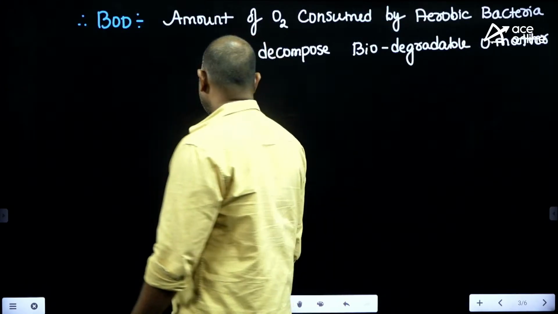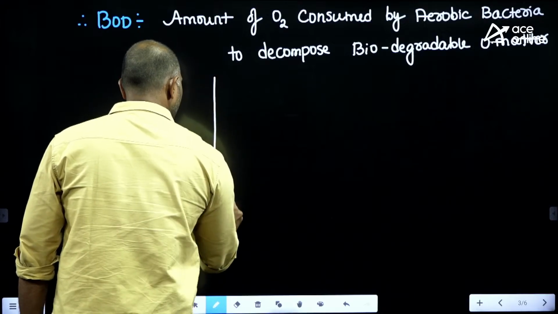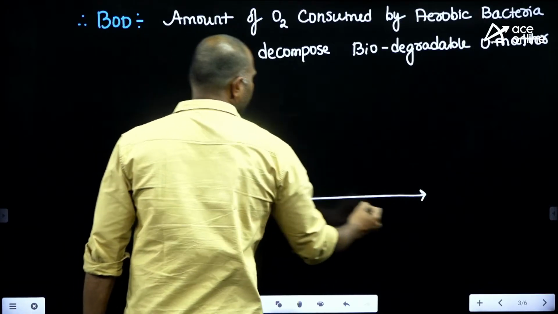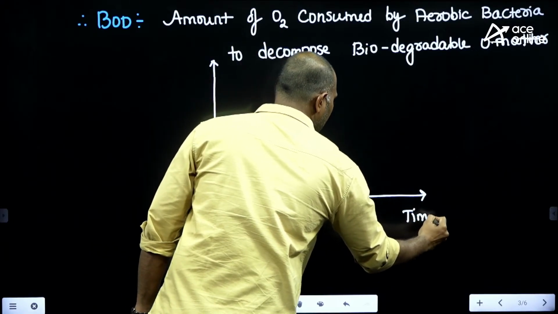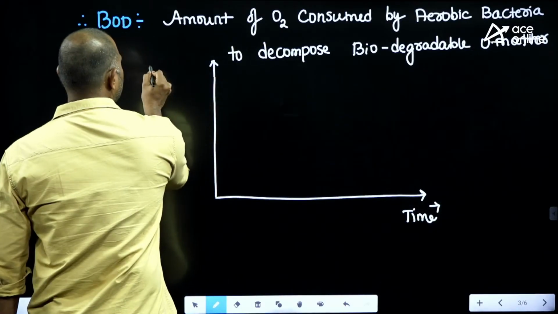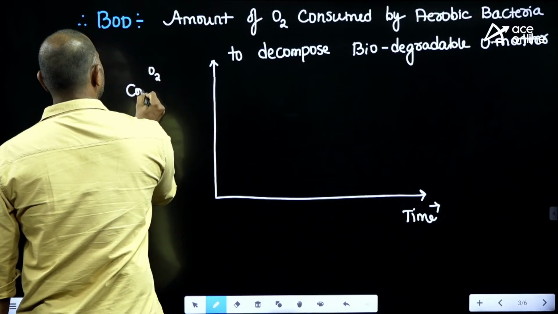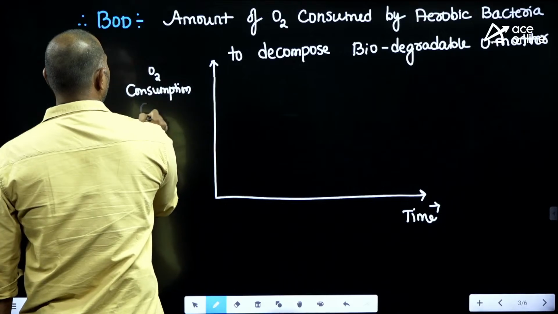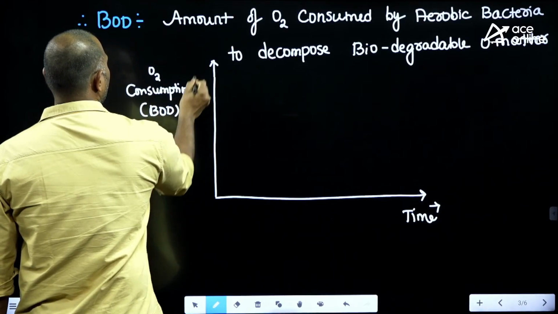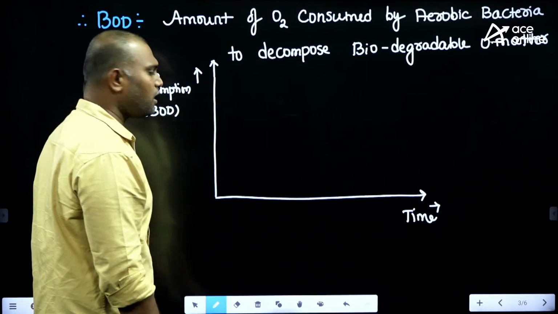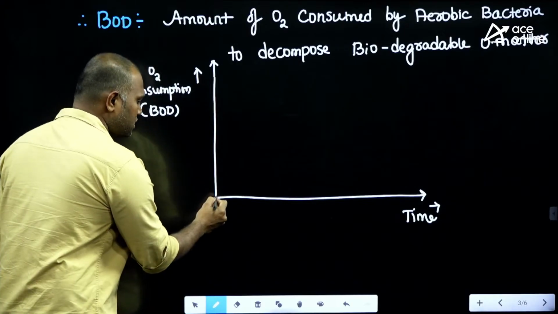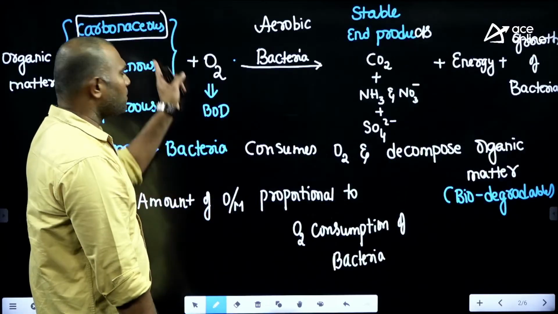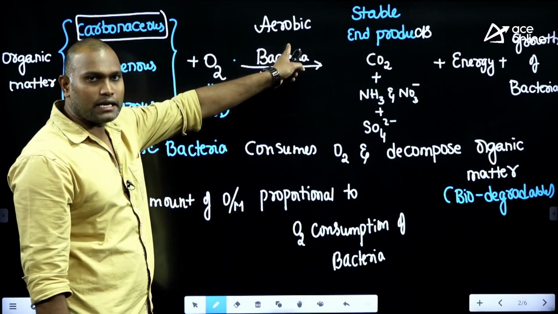If you see the graph with respect to time T and O2 consumption, which is nothing but BOD. Initially when time T equals 0, there is organic matter in the water and there is bacteria.